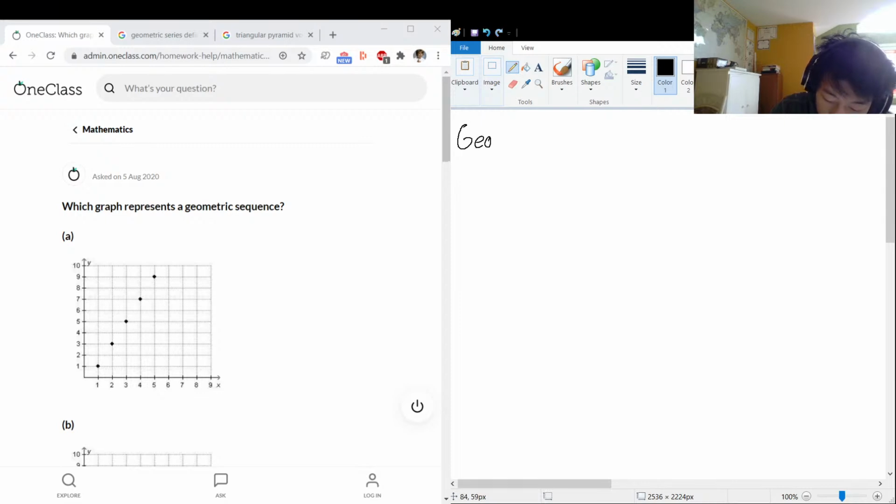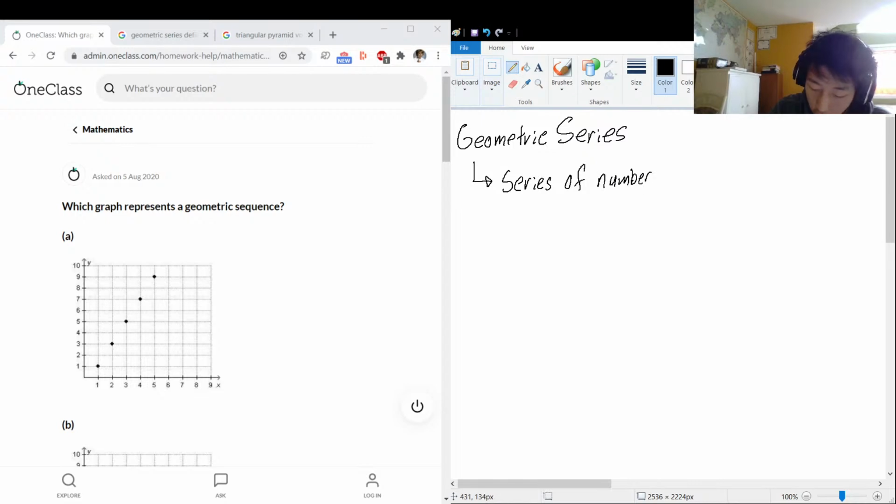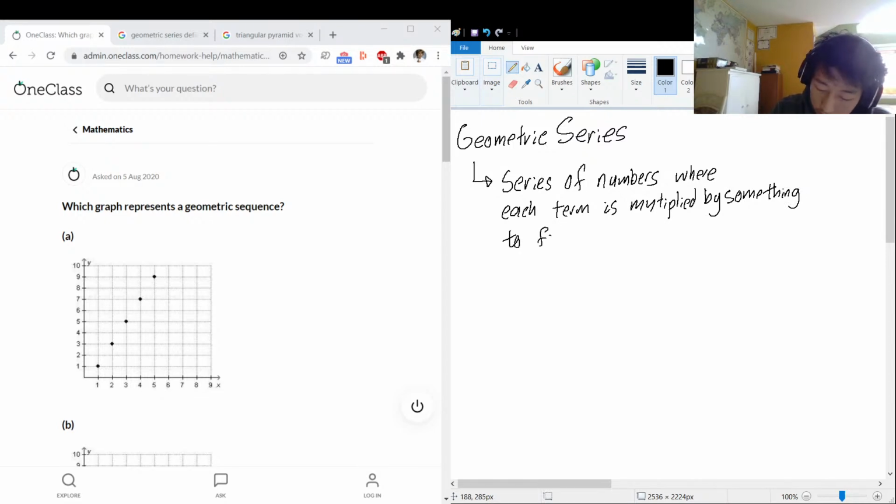A geometric series is a sequence of numbers where each term is multiplied by something to find the next term in the series.